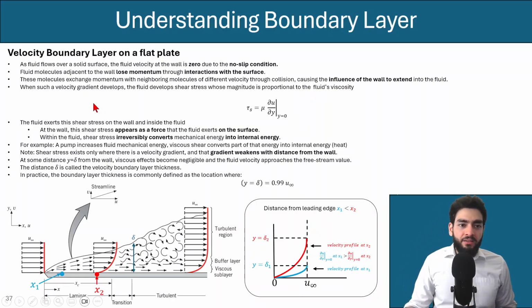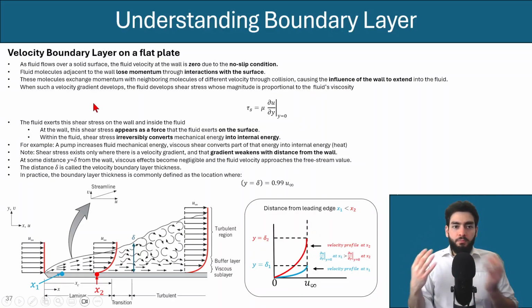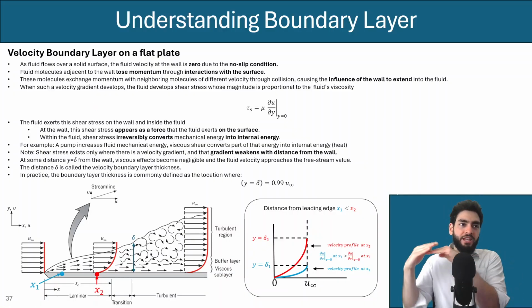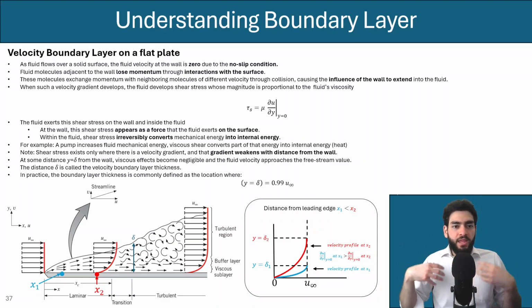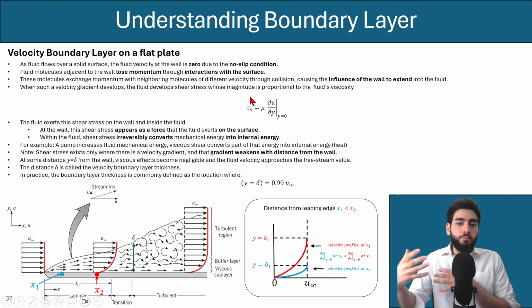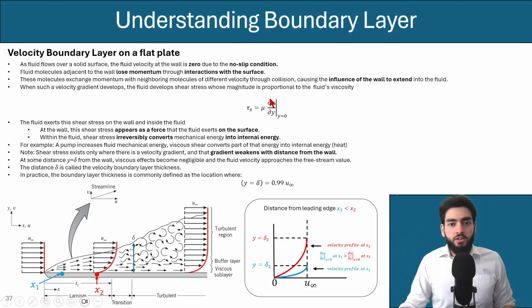And because you have such a velocity gradient, because as soon as you have fluid traveling over a solid surface and you develop that no slip condition, so you have a 0 velocity at the surface, you immediately start developing a velocity gradient. And the velocity gradient that you develop starts producing shear stress, whose magnitude is proportional to the fluid's viscosity.